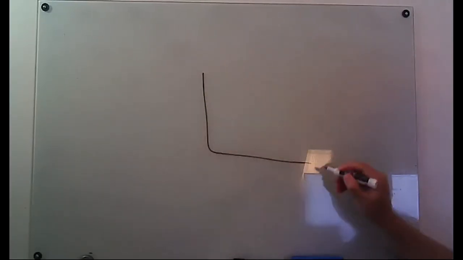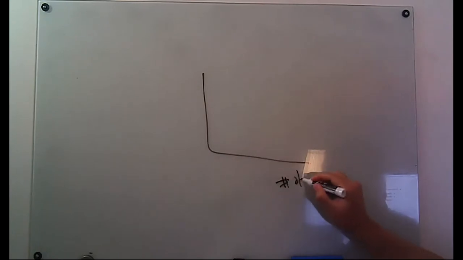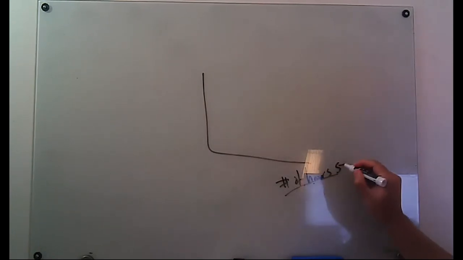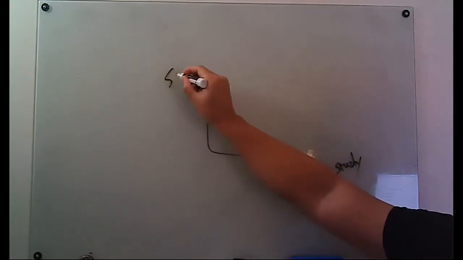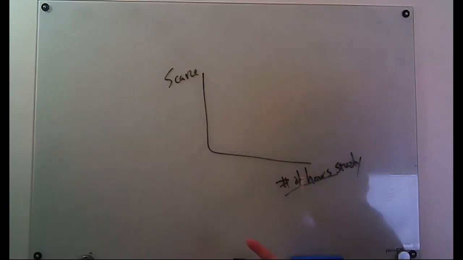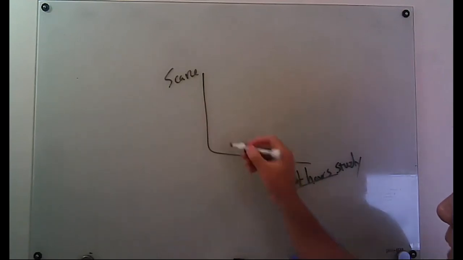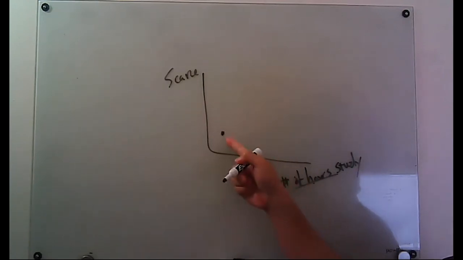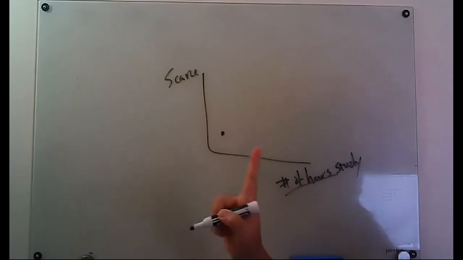For example, this is the number of hours I study for the exam, and this is my score for the exam. So I can ask students what their score was and how many hours they studied. Each of these points comes from one observation.